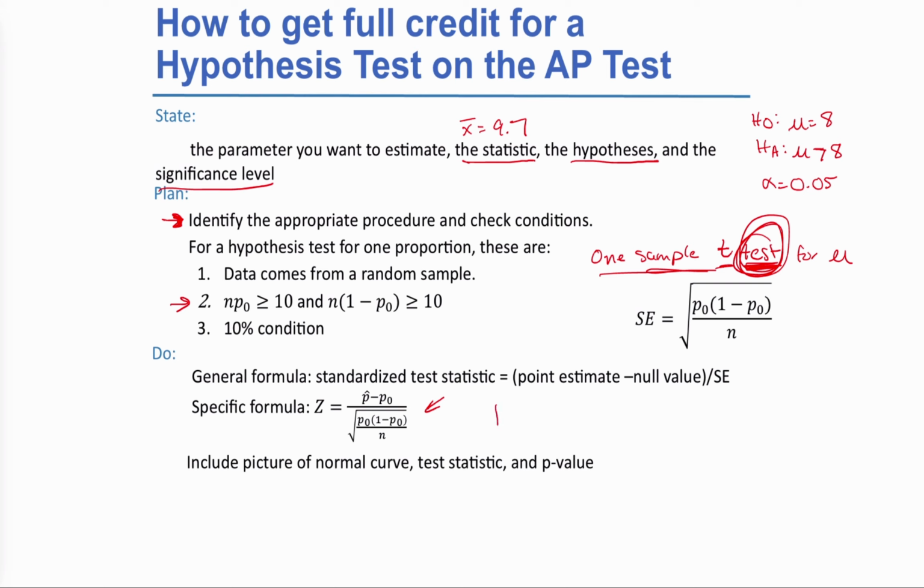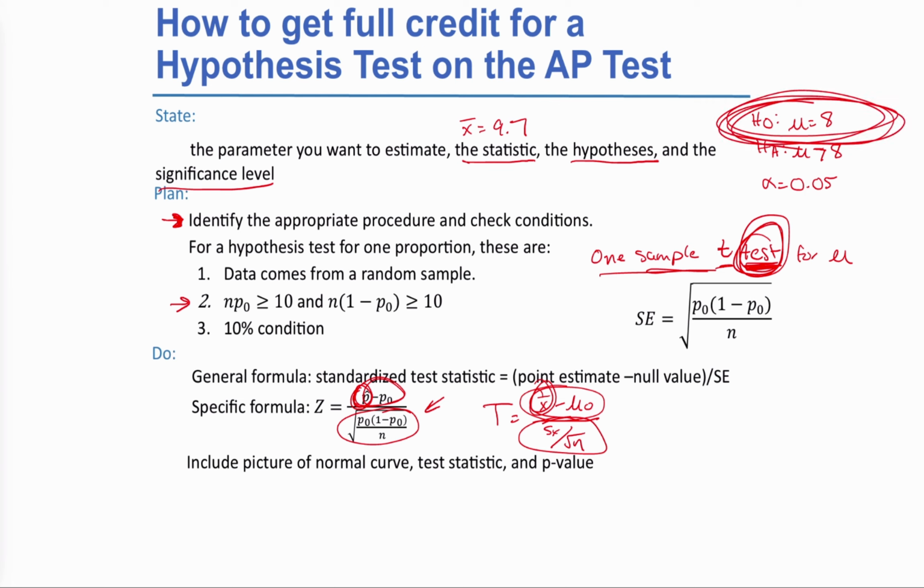For a mean, it's going to be x bar minus mu 0 over sx over the square root of n, where this is your standard error for a proportion or a mean, and then this is your statistic minus your null value. Your statistic being either p hat or x bar, and then your null value being either p0 or mu 0, right? Null value being whatever you used in the null hypothesis.